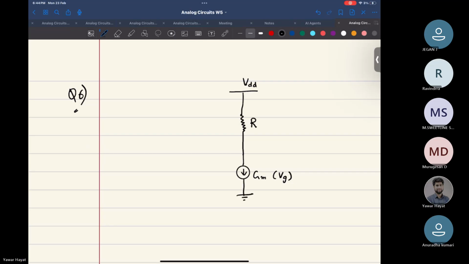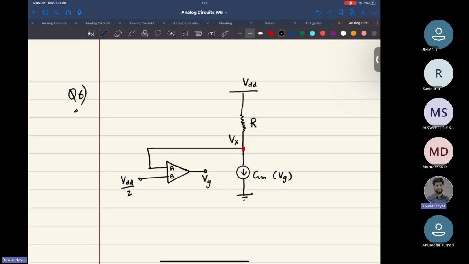And this is ground. Is this correct? Okay. Let's consider this circuit.